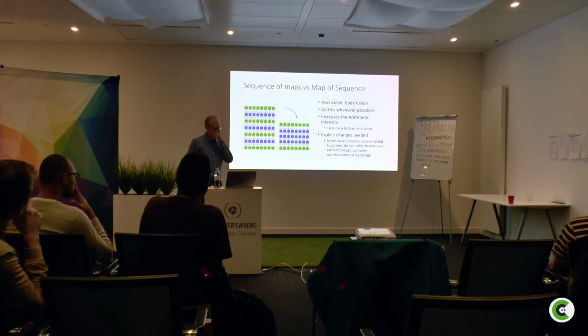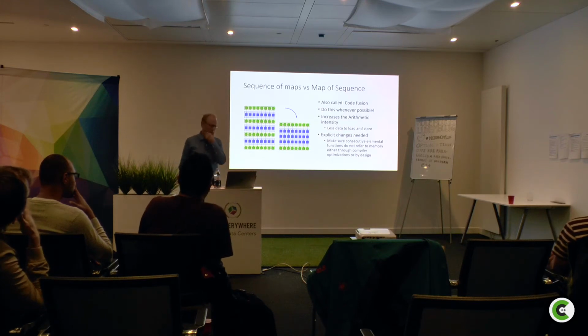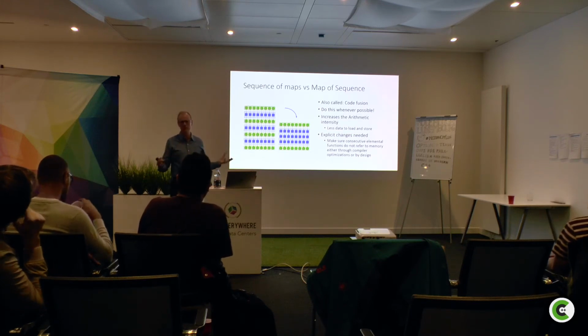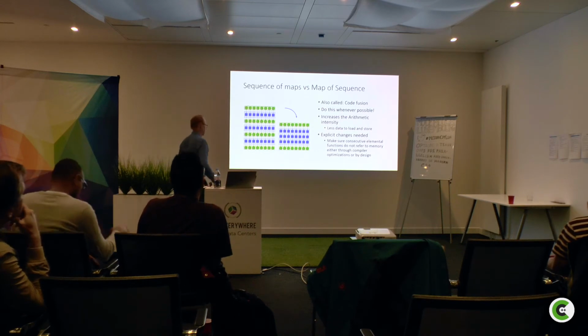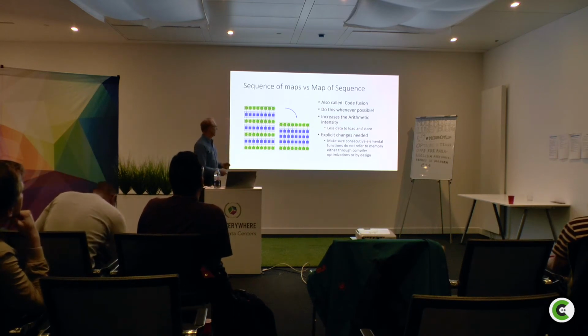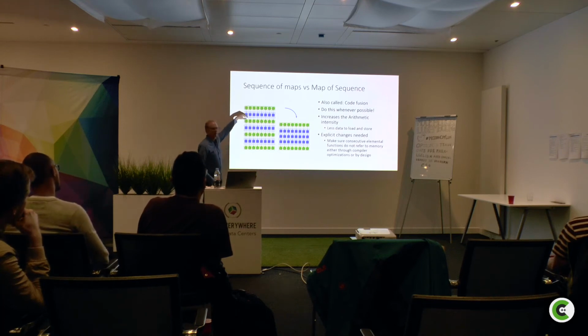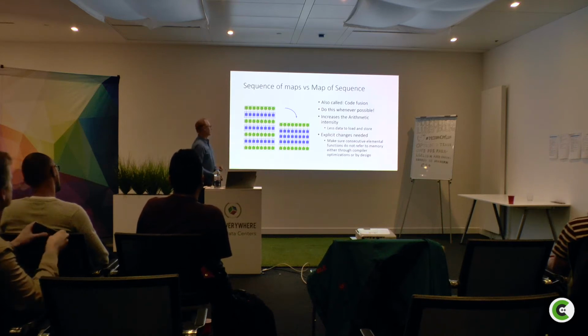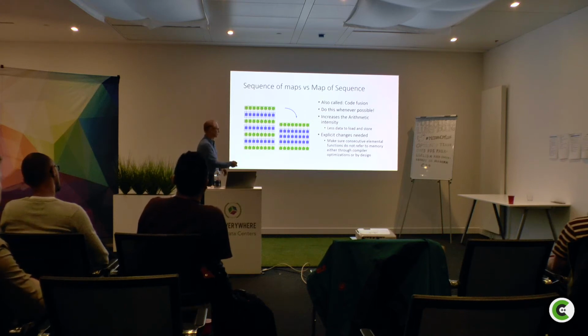Going back to performance, I just want to say a few words about map, because map is really the most important parallel pattern that you should know how to work with. If you find yourself having a sequence of maps, try to combine them so that you have one map that does a sequence of things instead. Less data to load and store, but there are some explicit changes you may need to make. You may need to make sure that, for instance, one map doesn't need data that another map up here produces.